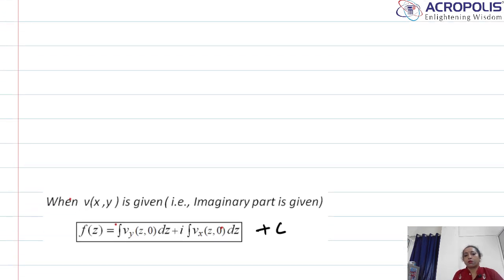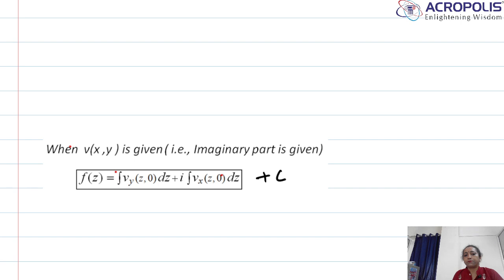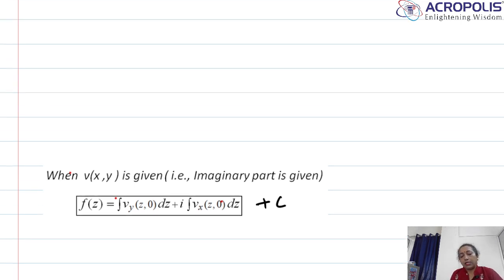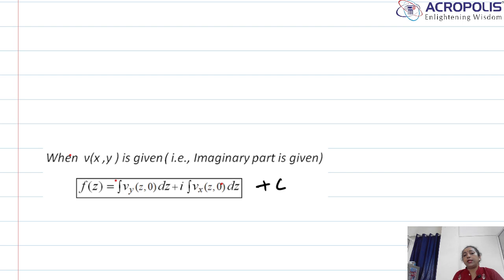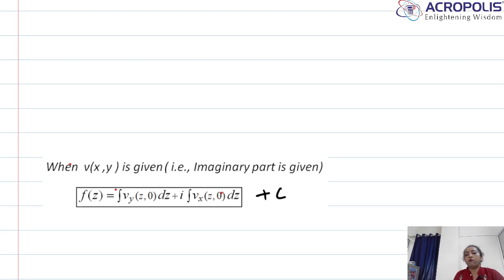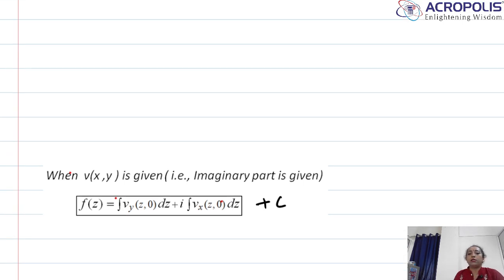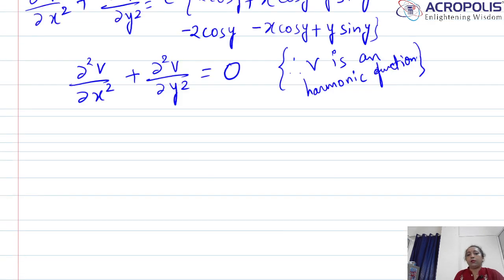Now we will apply Milne-Thomson's method to find u. So here is the formula. When v is given, then Milne-Thomson's method says f of z is equal to the integration of vy(z, 0) plus i times the integration of vx(z, 0) dz plus c.